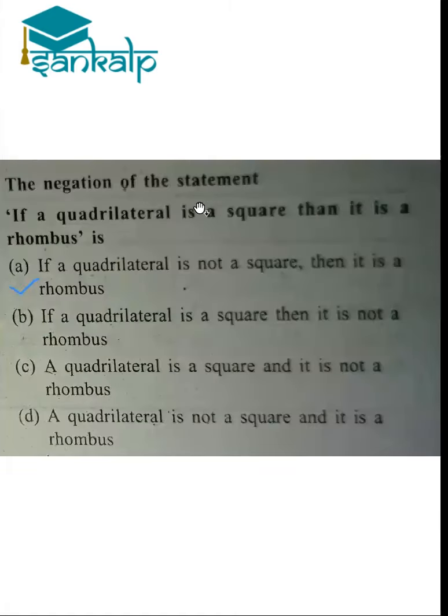The negation of the statement, if a quadrilateral is a square, then it is a rhombus, is. Okay, so we need to write the negation.